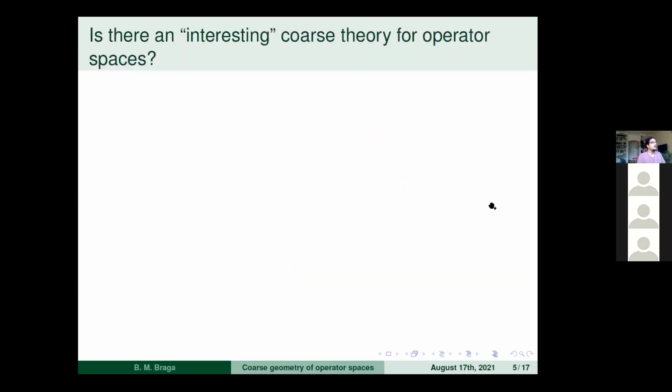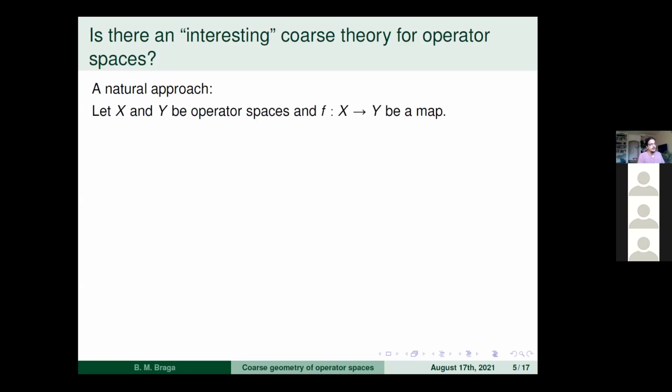Okay, so now how can we define actually some interesting coarse theory for operator spaces? And of course, interesting here will depend on the person, right? But I would say that there is one way which is a pretty natural approach, which is just to proceed just as we did a couple of slides ago with completely bounded maps. Let's try to do the same with coarse maps.